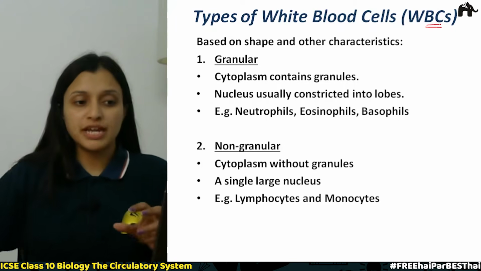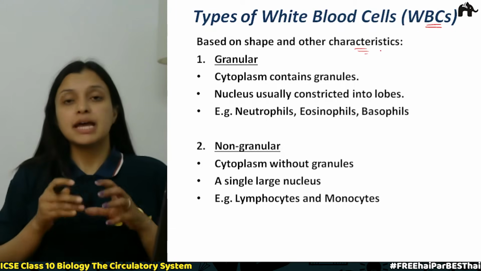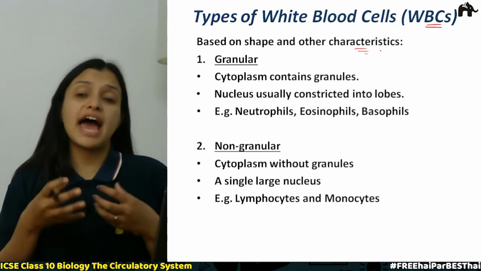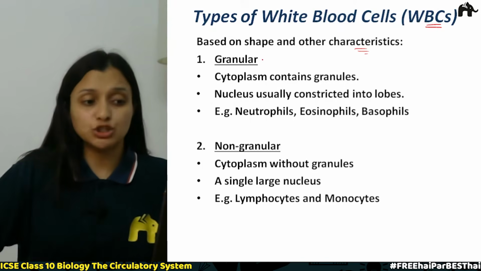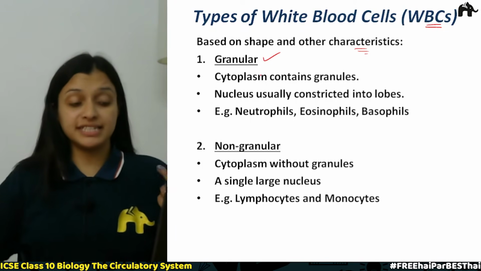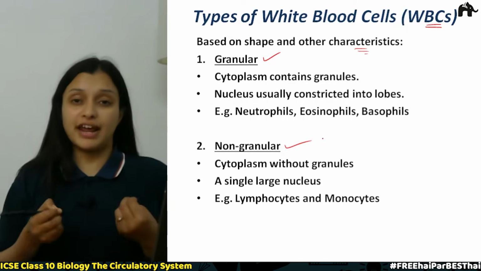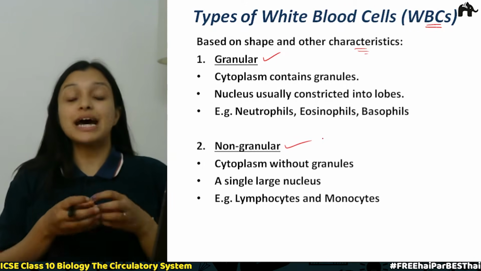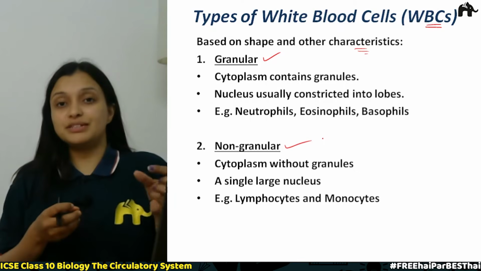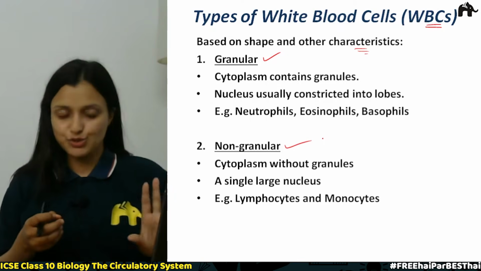Now the types of white blood cells, that is WBCs. Based on the shape and other characteristics, these WBCs have been classified into two types. The first one is granular WBCs and another one is non-granular. It is very clear from the names that the granular WBCs contain granules.